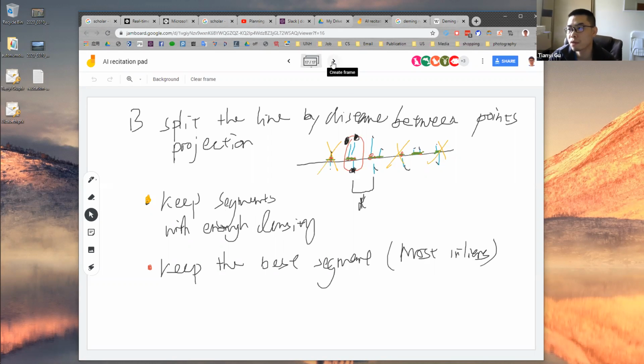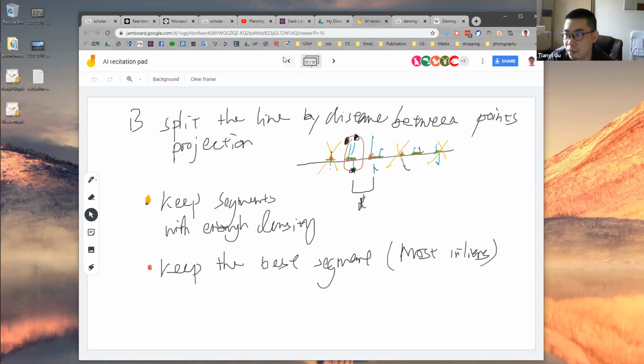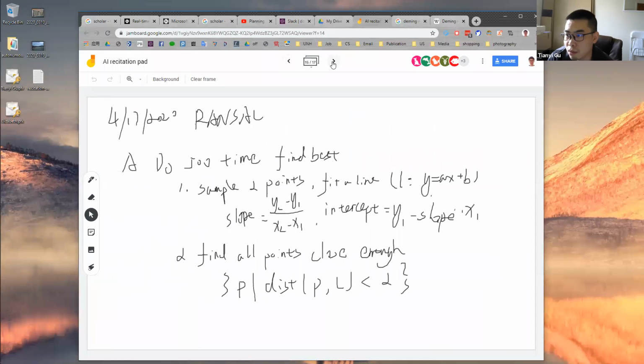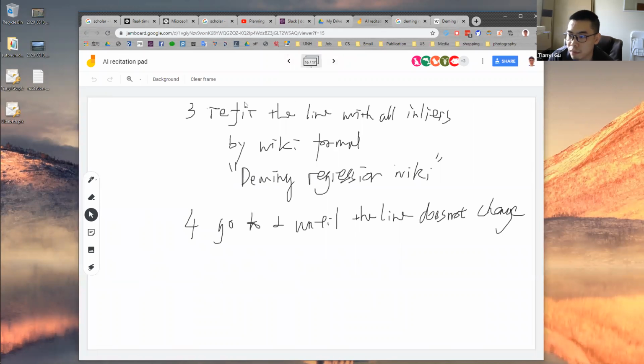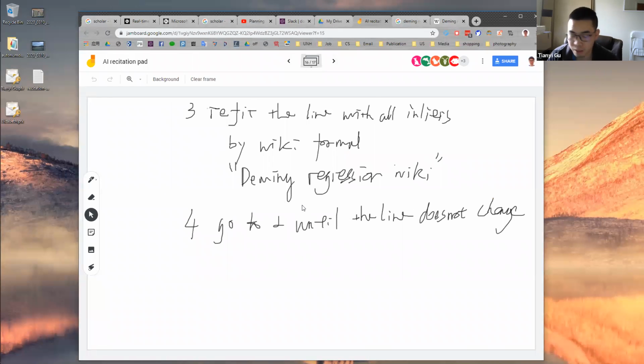Okay, so then for the graduate students, we have to find a circle, and then it's pretty much the same, but we don't have to do refit. So there's no refit, no linear regression. Yeah, no step 3 here. Otherwise, what we have to do is find a line, find a circle, and then keep the one that has enough inliers and then enough density.